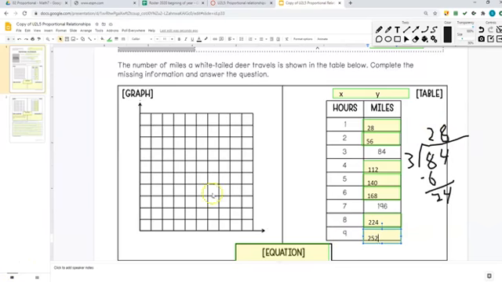Okay? Now we want to plot these, so we're going to need to place in x and y values. So along our x, we're going to do 0, 1, 2, 3, 4, 5, 6, 7. Let me get that one lined up a little bit better, and maybe that 5 lined up a little bit better.